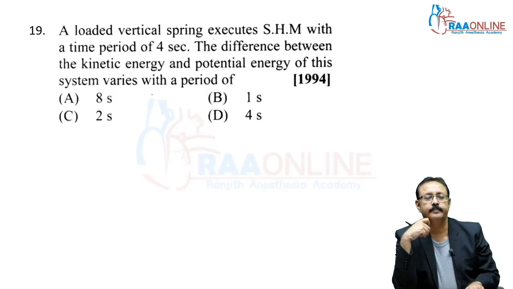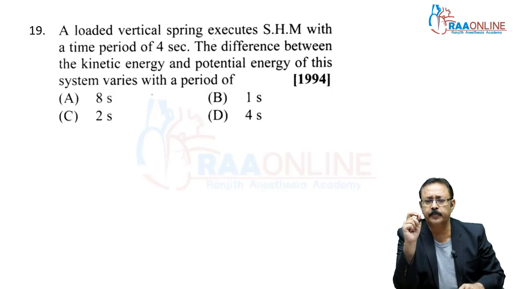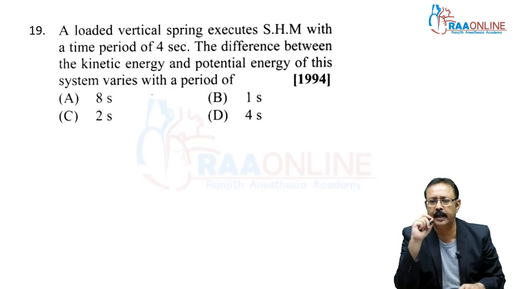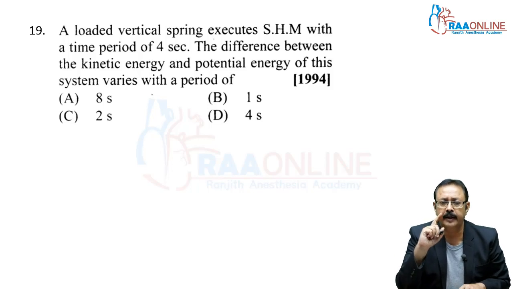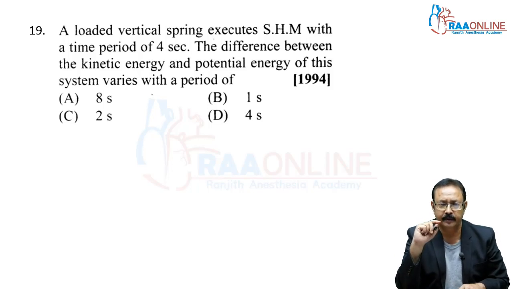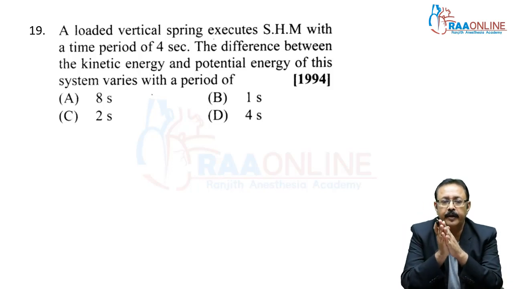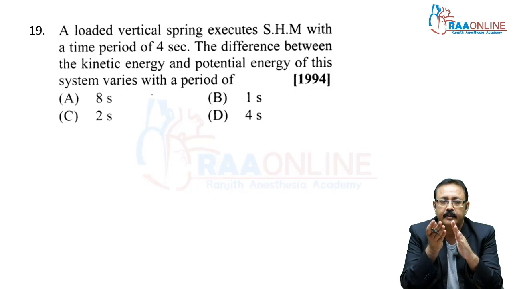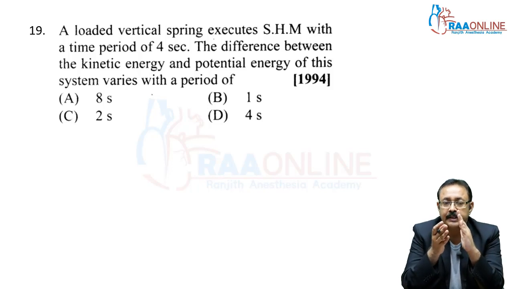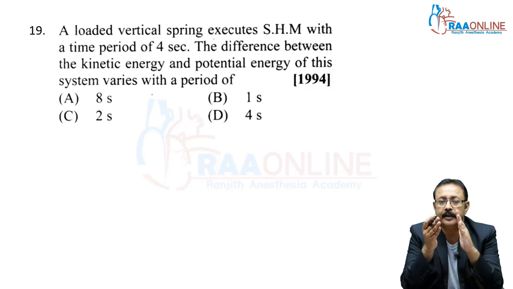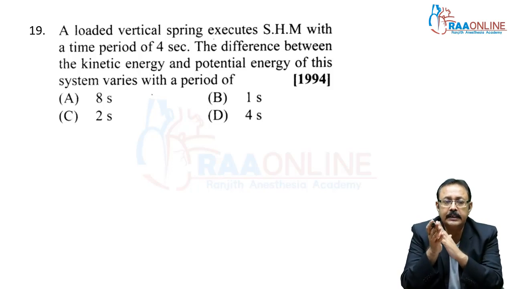Next problem. A loaded vertical spring executes SHM with a time period of 4 seconds. The difference between the kinetic energy and potential energy of this system varies with a period of? I told you, in one cycle, the frequency of kinetic energy and potential energy is twice.